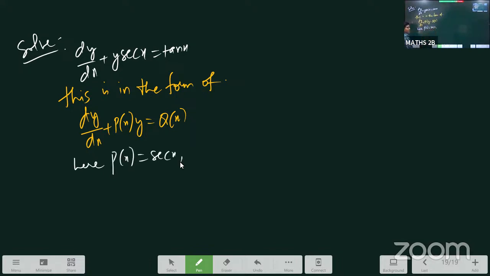Here your p of x is secant x, and q of x is tan x.